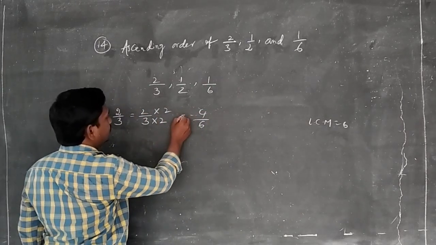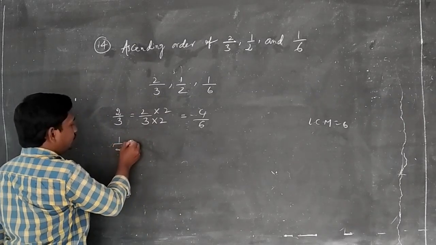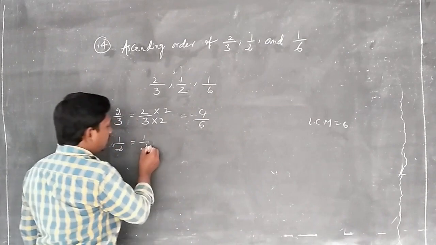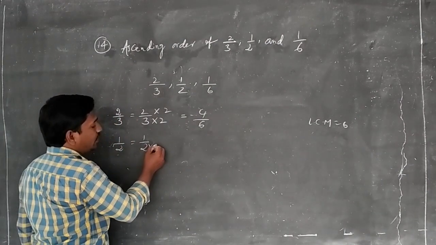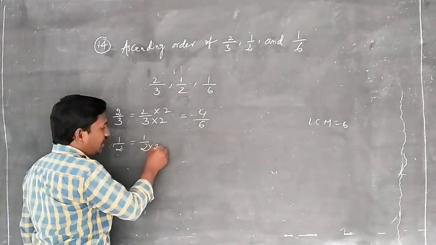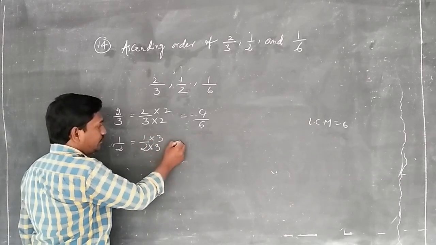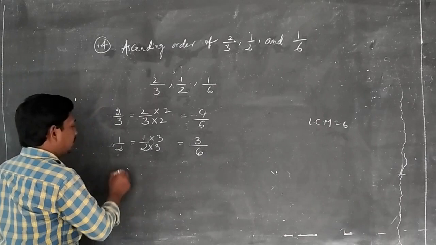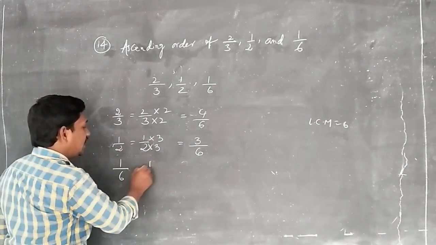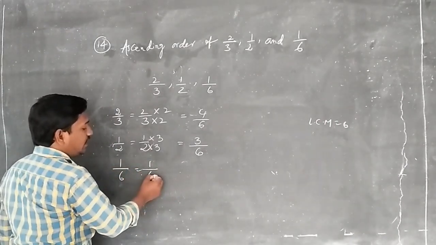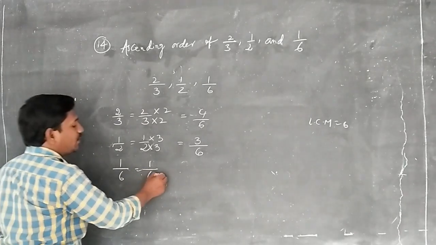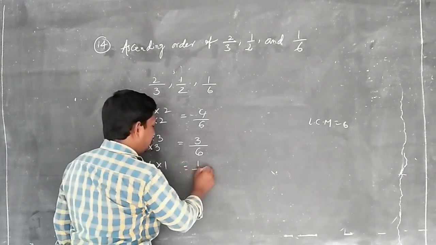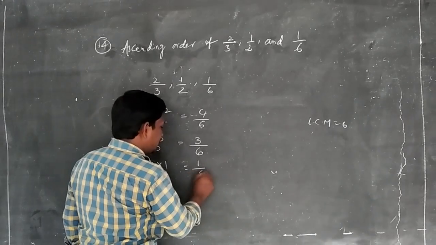Next fraction, 1 by 2. If 2 becomes 6, the denominator should be multiplied by 3 as well as the numerator also. 1 3s are 3, 2 3s are 6. And 1 by 6. If 6 becomes 6, the denominator should be multiplied by only 1, numerator also. 1 1s are 1, 6 1s are 6.